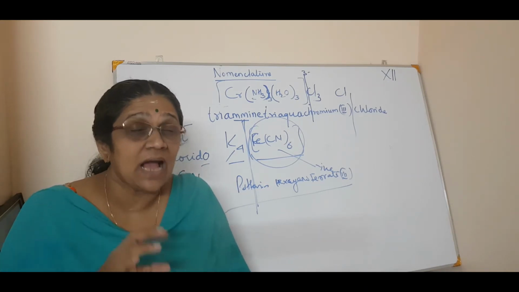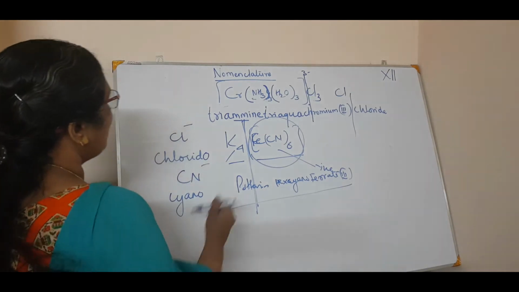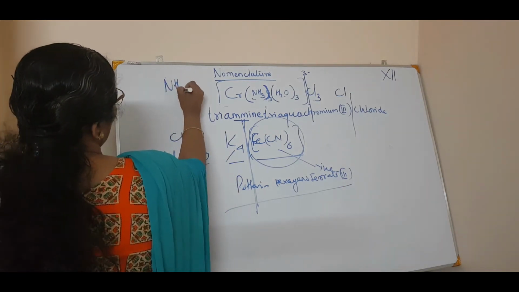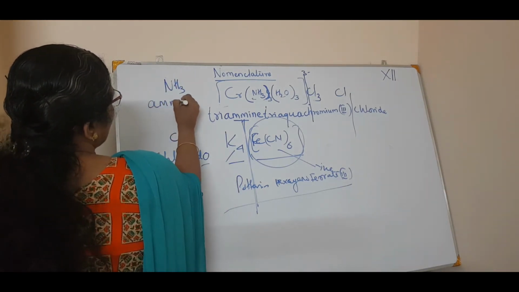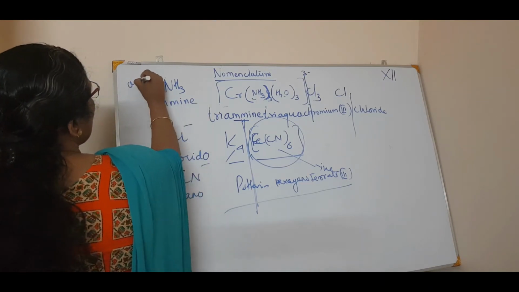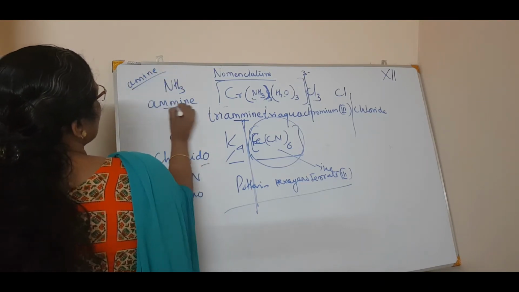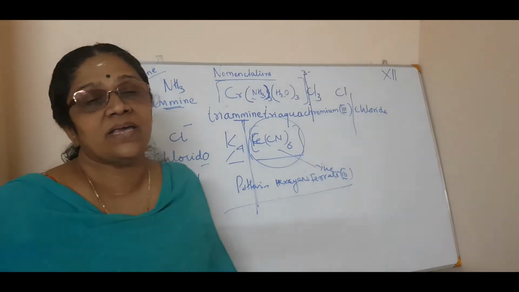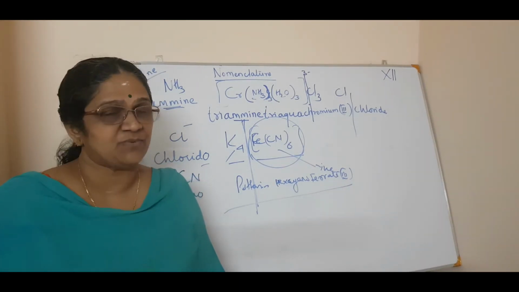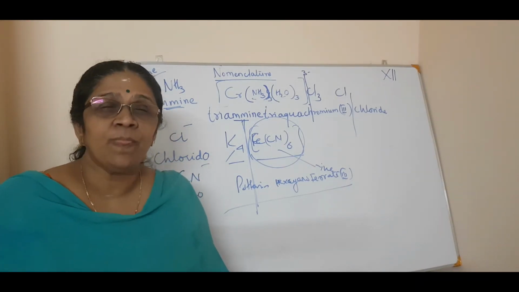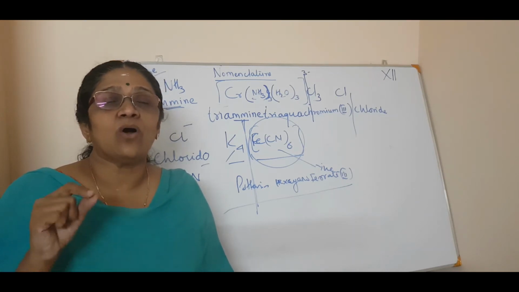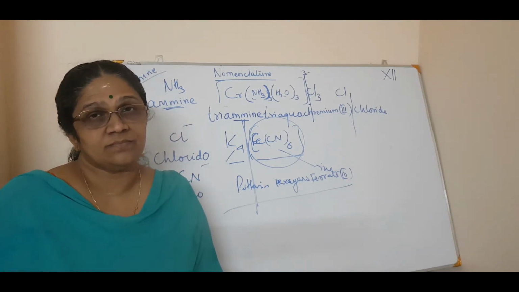For example, amine. See, amine is NH3. There, the spelling is not A-I-A-M-I-N-E, but A-M-M-I-N-E. That is one exception. Second exception, for water, they call it aqua.